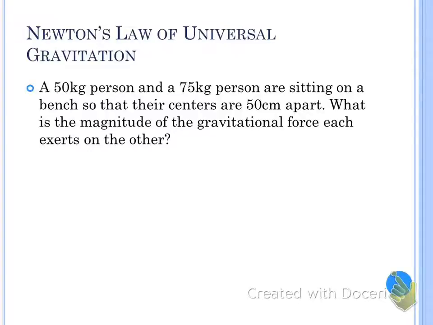All right, so let's go ahead and start getting our variables here. Since we're looking at two individual objects, one of the objects is not the mass of the Earth. We're looking at both the masses of the people.